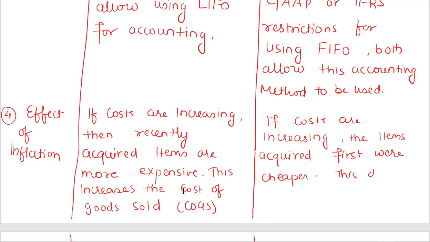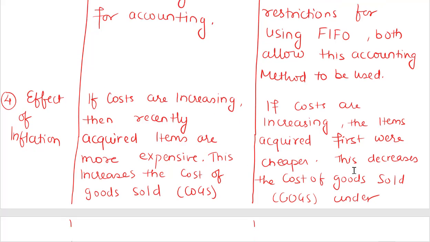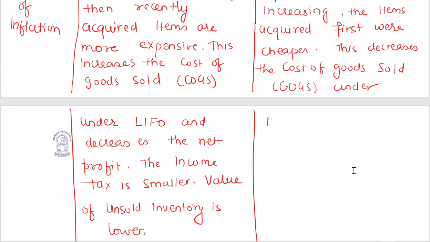This decreases the cost of goods sold, that is COGS, under FIFO, and increases profits.